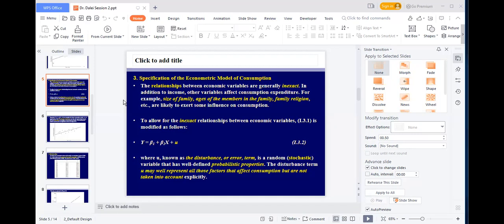So your y variable is divided into two parts. u is not observable, that is random, so that's why we have used the random factor here.